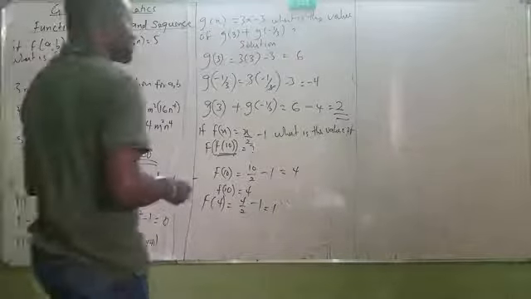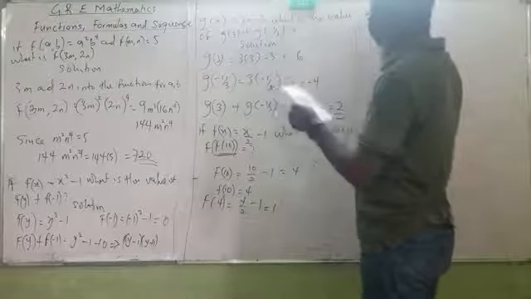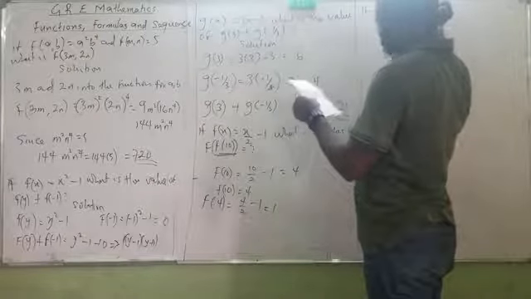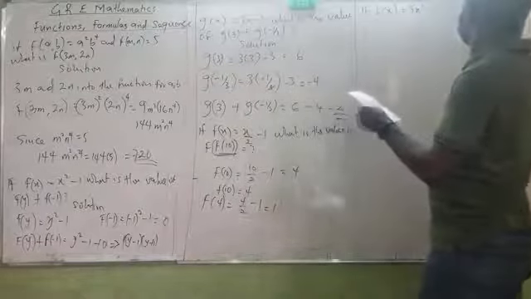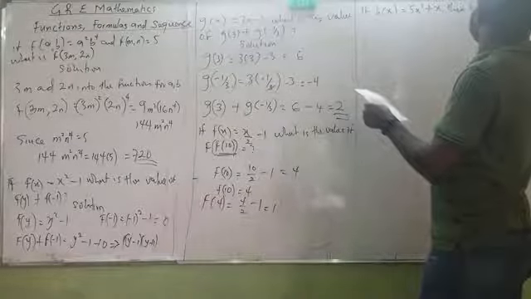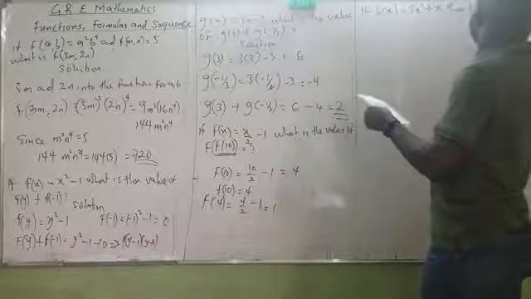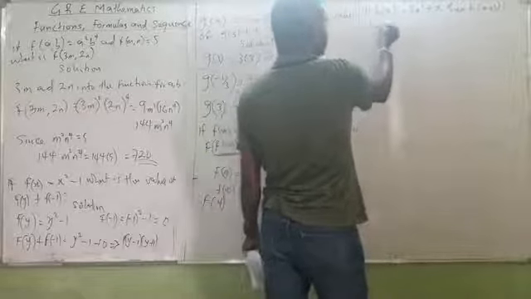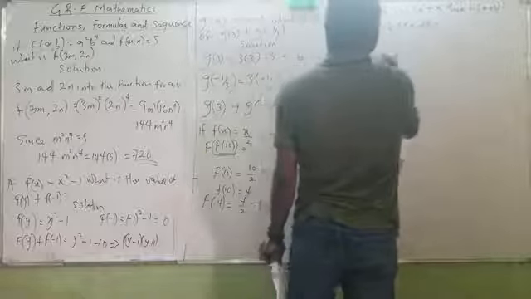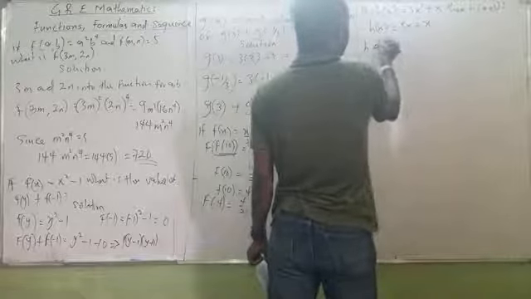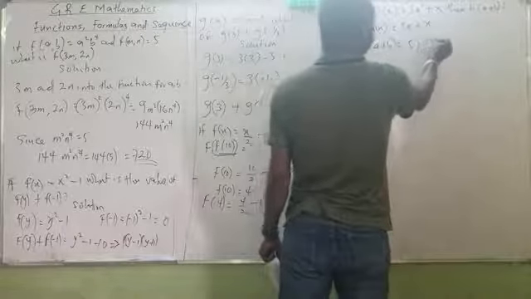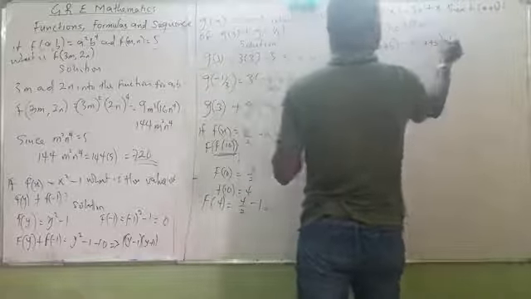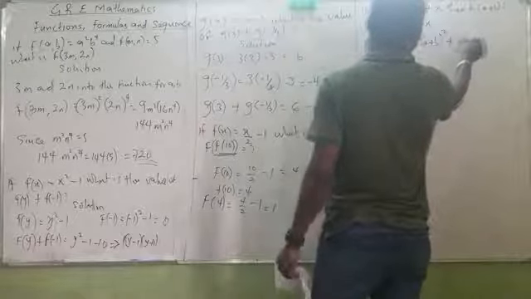Now, another one says that if h of x equals 5x squared plus x, then what is h of a plus b? What I just need to do is that I have my h of x equals 5x squared plus x. My h of a plus b will be equal to 5 bracket of a plus b, squared, plus a plus b.